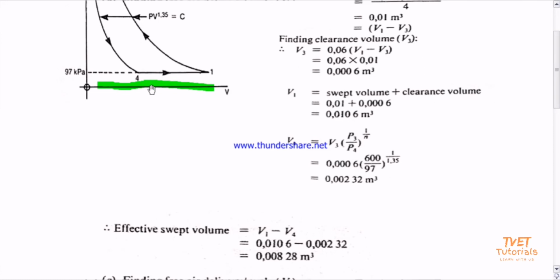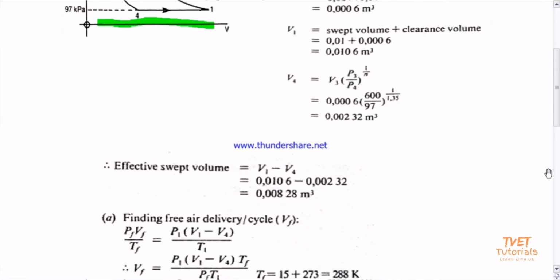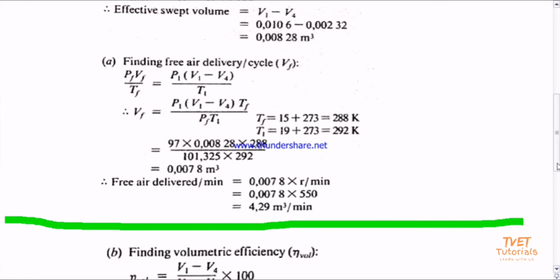We wanted the effective swept volume, which is the difference between volume 1 and volume 4 completing the cycle. So we were given the conditions at atmospheric, and then the conditions given when we are initially starting.